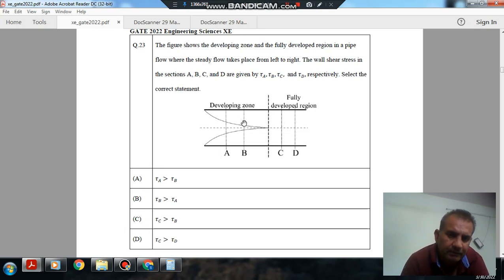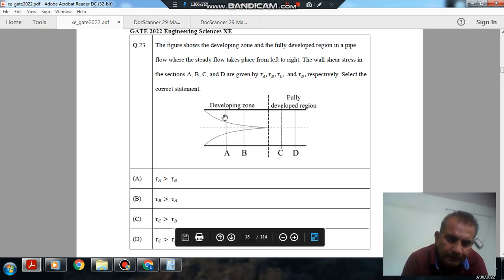Select the correct statement. So this is the figure given. Option A, tau A greater than tau B, option B, tau B greater than tau A, option C, tau C greater than tau B, option D, tau C greater than tau D.